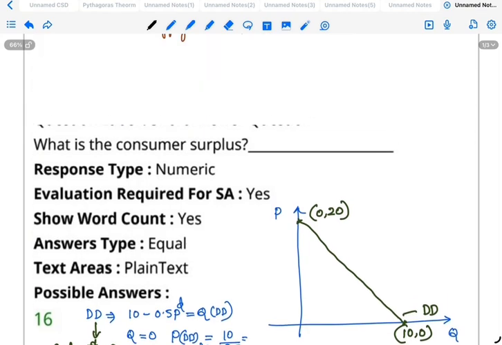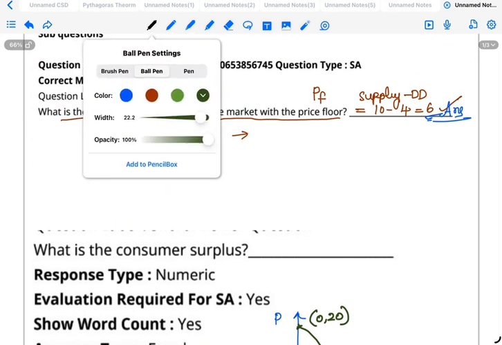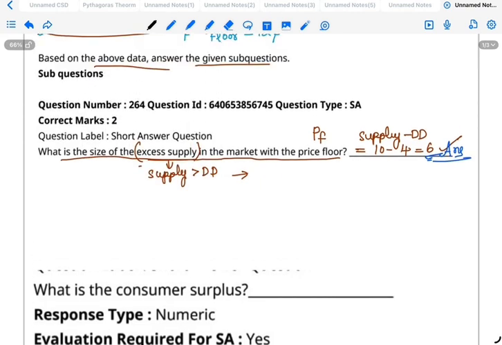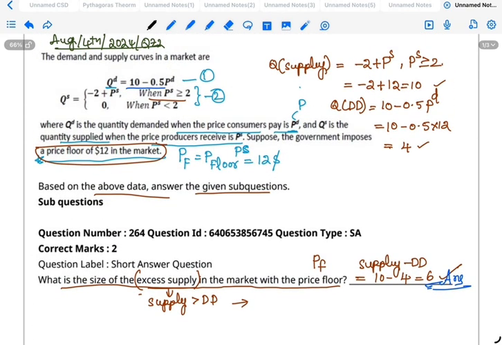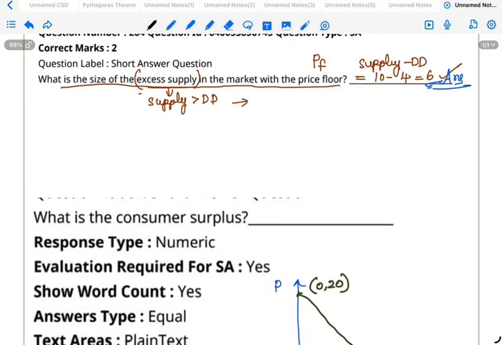And the supply curve is given: QS equals minus 2 plus PS. Here this is the intercept. When P equals 0, Q equals minus 2, that is the point minus 2 comma 0.